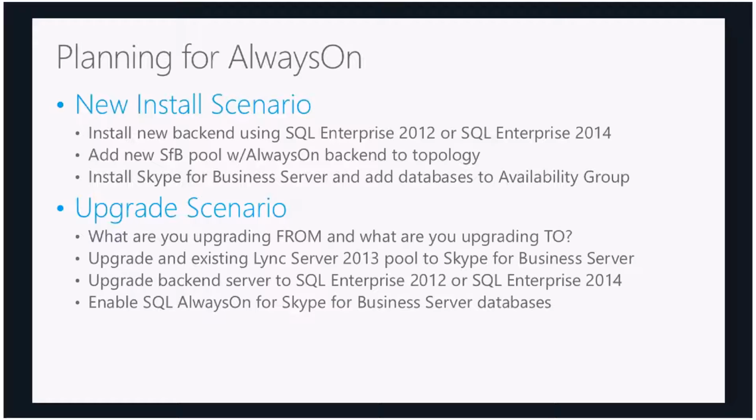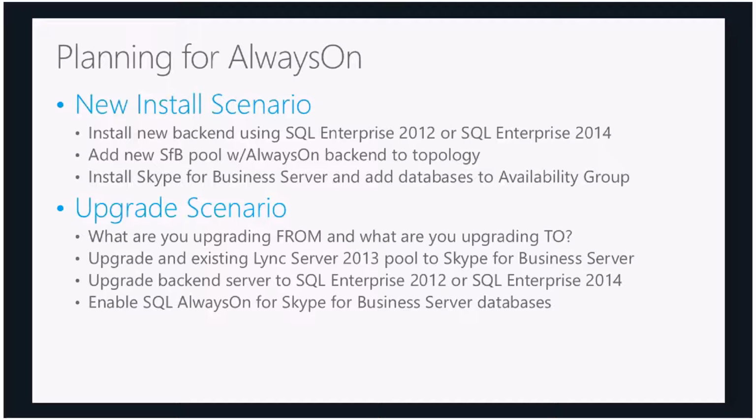The other possibility, and really the one that we're going to be focusing on today, is the upgrade scenario. So what we mean here is that you've already got an existing Lync 2013 pool, and you've already got databases assigned to that Lync pool, and they're using database mirroring, for instance, and you want to modify that so that you, in the end, have a Skype for Business pool and SQL Server 2012 or 2014 that is running SQL Server Always On.